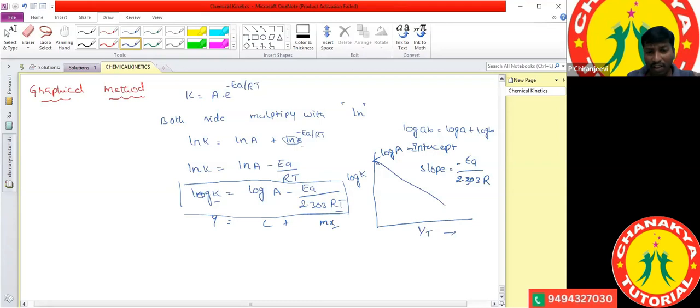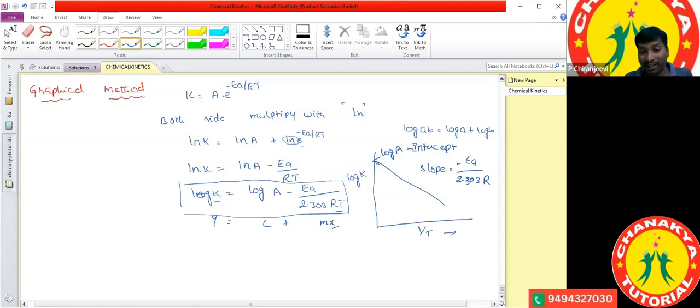In this chapter, the main drawback is log values. Formulas we can easily remember and apply also. The problem comes in the calculation part. If you know the log values, then only it is easy.